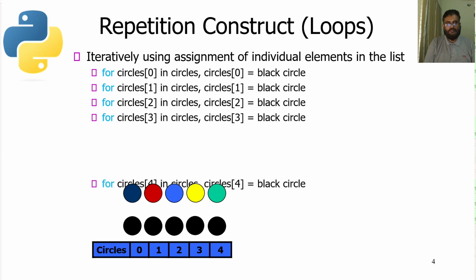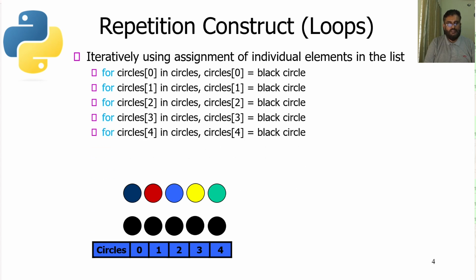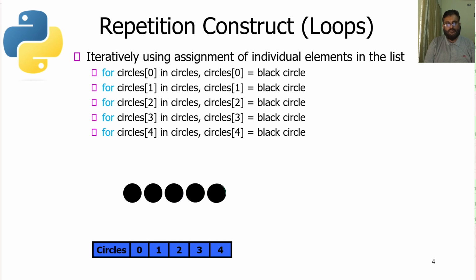In this case, I will have to execute the assignment statement 5 times, and then the result will be that all the colored circles will be replaced with a black circle. So this is when you do it without a loop. In that case, you will have to invoke the assignment statement 5 times.